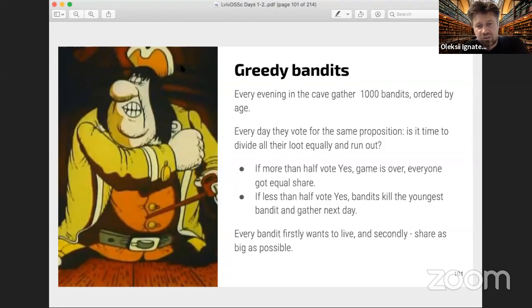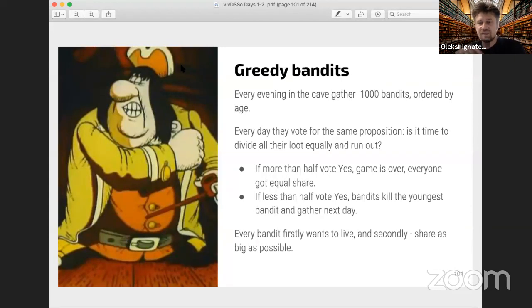Every evening in a cave 1,000 bandits gather, and they are ordered by age. Every day they vote on the same proposition: is it time to divide all the loot they gathered equally and run away? If more than half vote yes, then the game is over and everyone gets an equal share. If less than half vote yes, then the bandits kill the youngest bandit and go on to the next day.